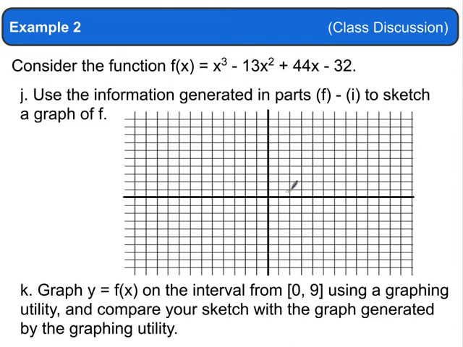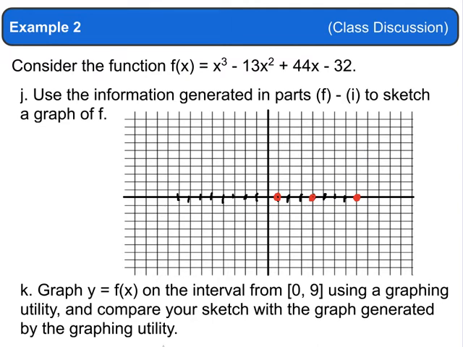We'll just go by ones this time: 1, 2, 3, 4, 5, 6, 7, 8, and then 1, 2, 3, 4, 5, 6, 7, 8. So that means I'm going to put a dot. We said one of my x-intercepts was 1. One of them was 4, so 1, 2, 3, 4. And then 5, 6, 7, 8.